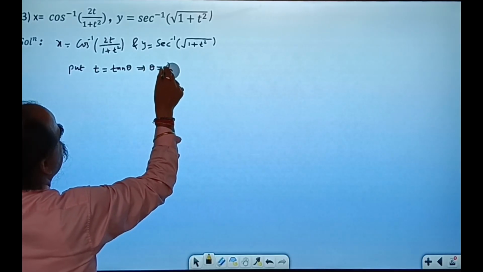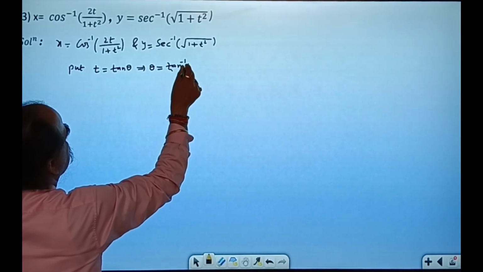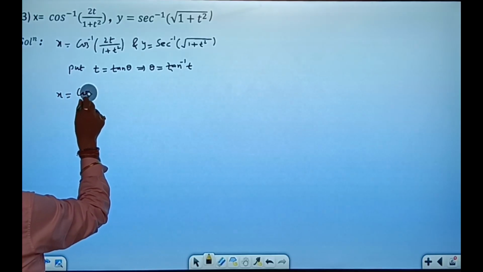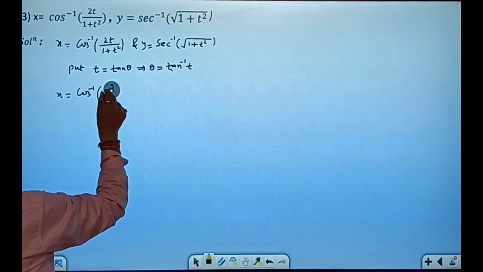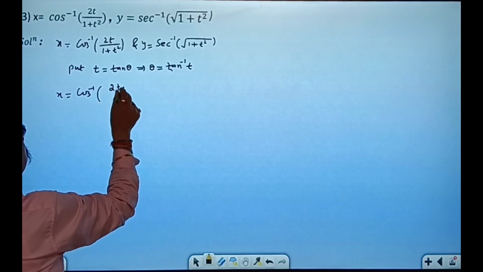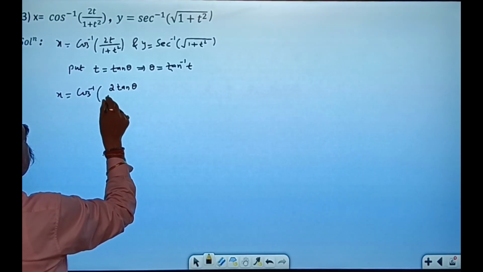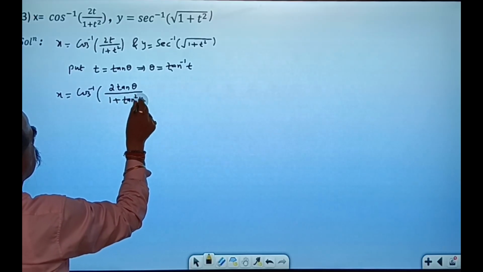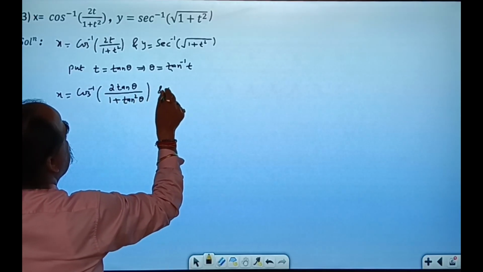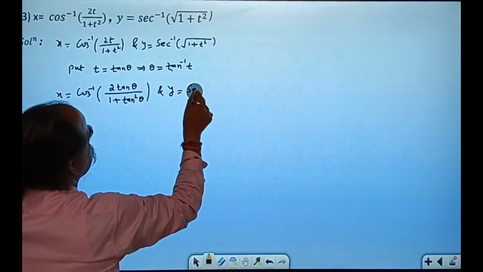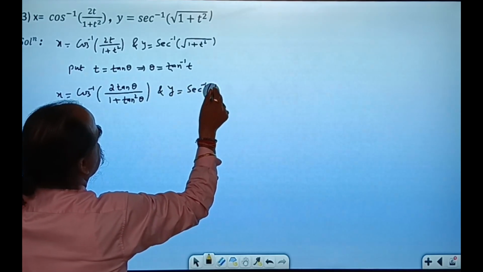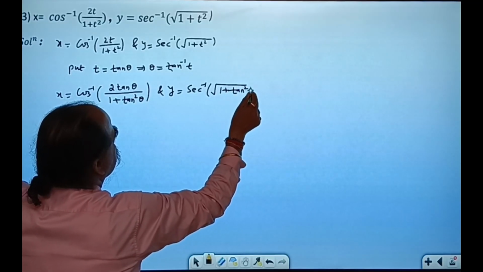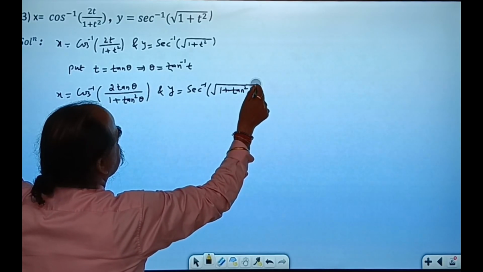So theta is what? tan inverse t. So x will become cos inverse of 2 tan theta upon 1 plus tan square theta, and y will become sec inverse of root 1 plus tan square theta.